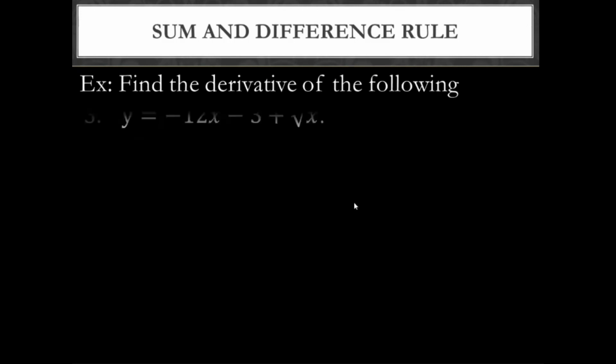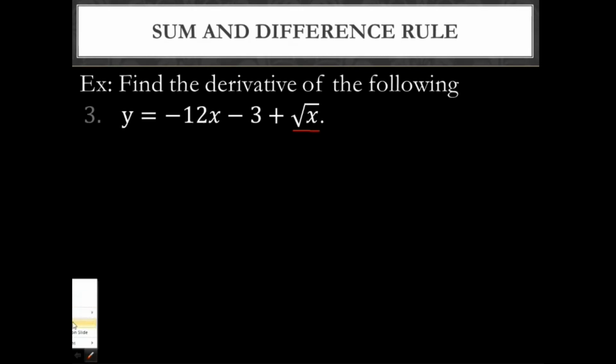Okay, meron pa palang tatlong example. Pero dito, merong radical na form. So, ang gagawin natin, before we get the derivatives of this problem, i-transform muna natin ito into exponential function.